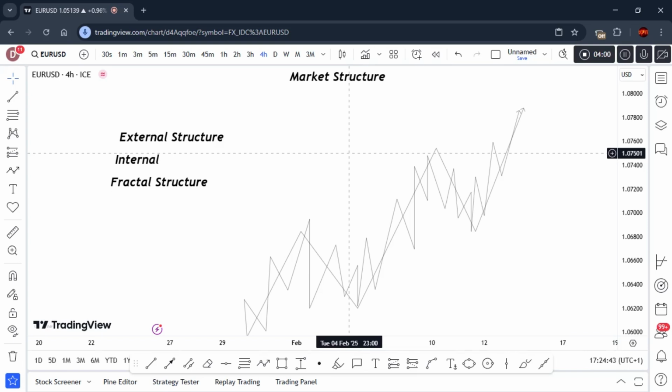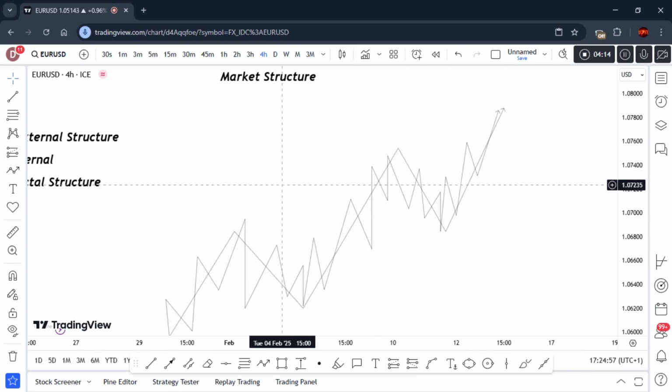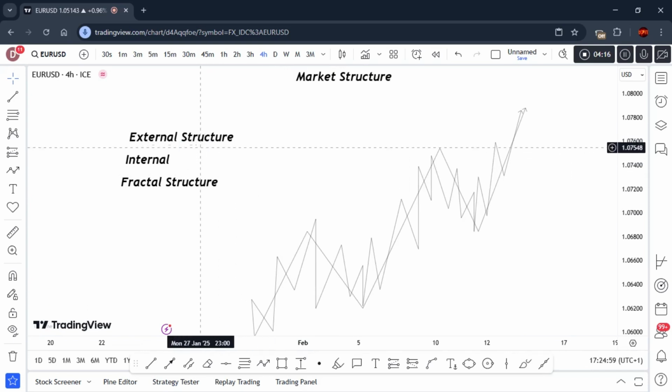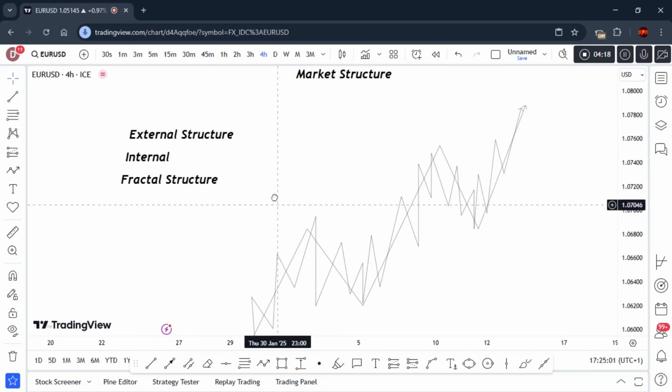Those lines, those movements we see, are a result of the transactions we make. So all of those transactions combined together form a structure, right? And those structures are subdivided into three parts, which are the external structure, internal, and fractal structure.